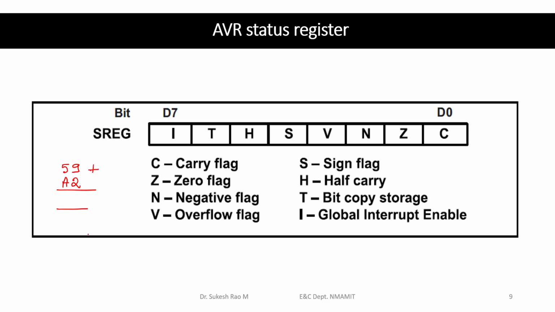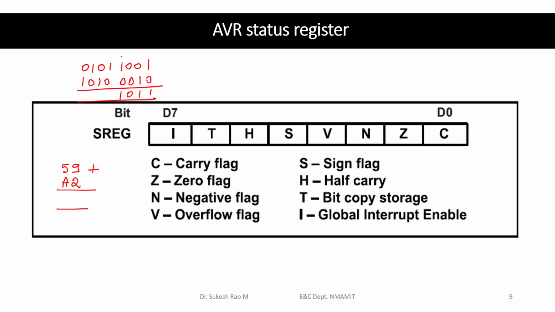If I have to write it in the bitwise pattern, let me write it here. 1001 is 9, and 5 is 0101, so 0101 1001 is 59. And 1010 is A, and 0010 is 2. If I'm adding these numbers, this is what I'm going to get.